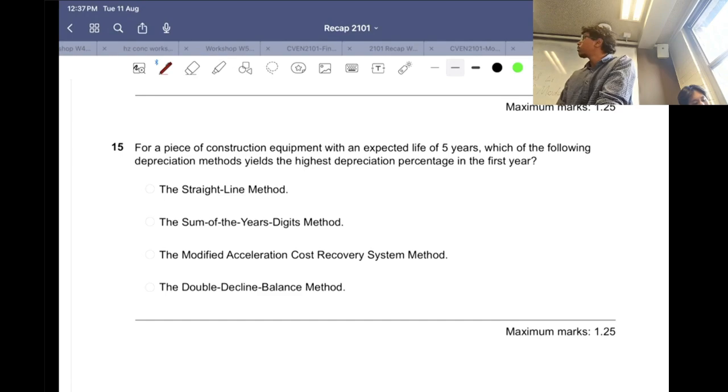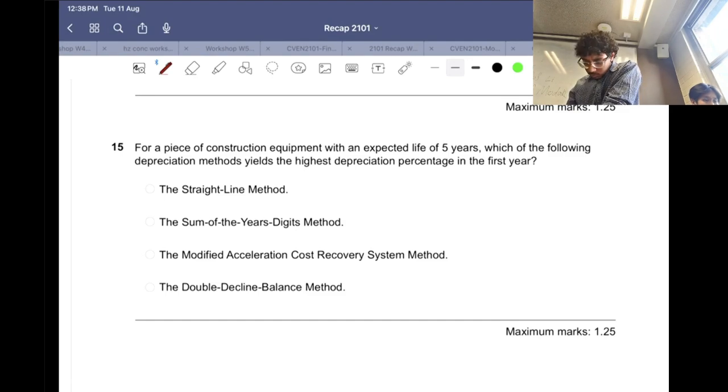So got the first year. The formula for that is 2 over the number of years. So 2 over 5, which will be 40% loss in the very first year. So that is quite high compared to your straight line method, where you're losing only 20%, and your MACRS method, which would also be around 20%, and then your sum of years digits method, which would be around 33%.